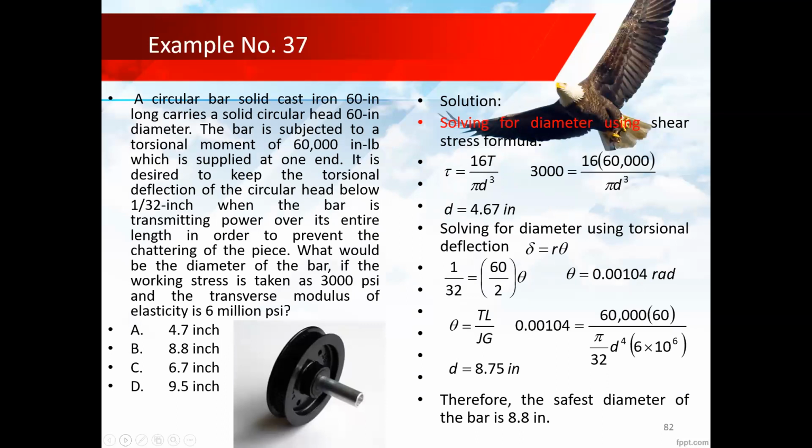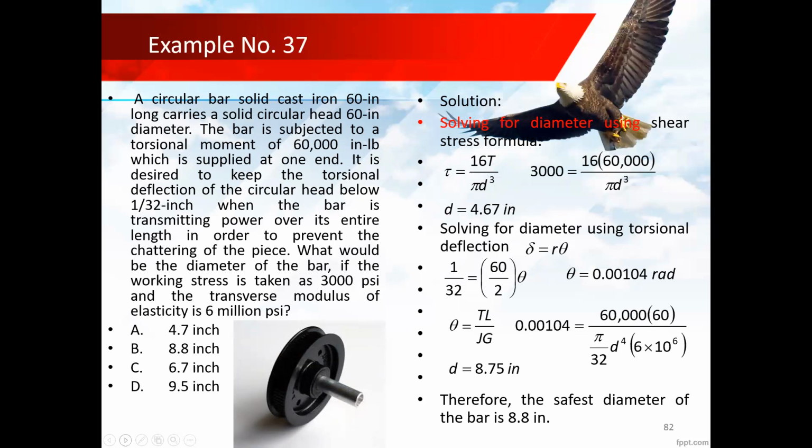Next, a solid circular cast iron bar 60 inches long carries a solid circular head 60 inches in diameter. The bar is subjected to a torsional moment of 60,000 inch-pound, which is supplied at one end. It is desired to keep the torsional deflection of the circular head below 1 over 32 inch when the bar is transmitting power over its entire length, in order to prevent shattering of the piece.